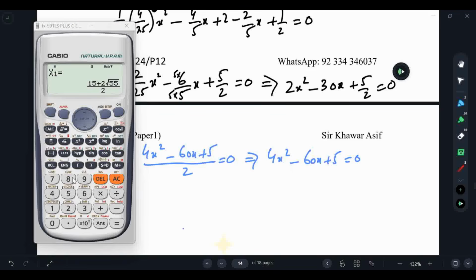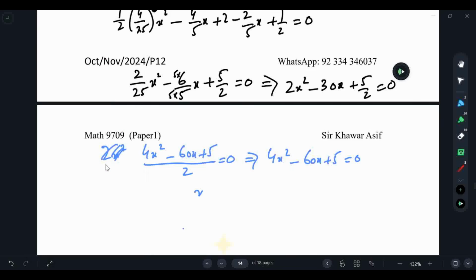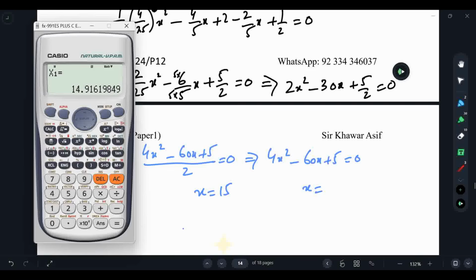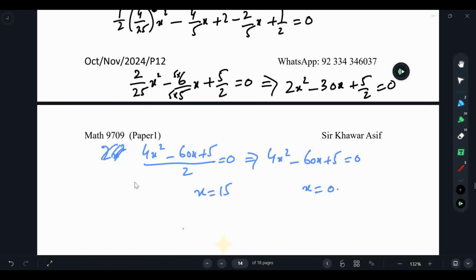So let me write the answer. The first one will be 14.9, let me say that x is equal to 15, and the other one will be 0.083.